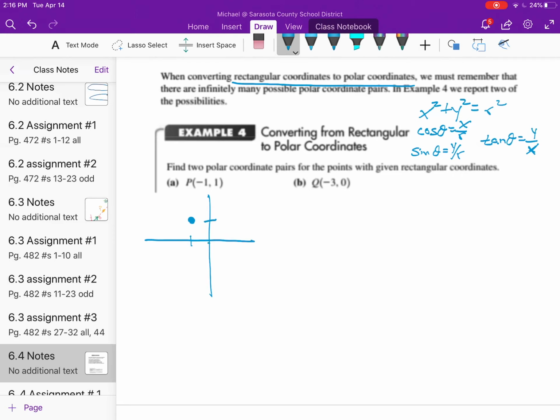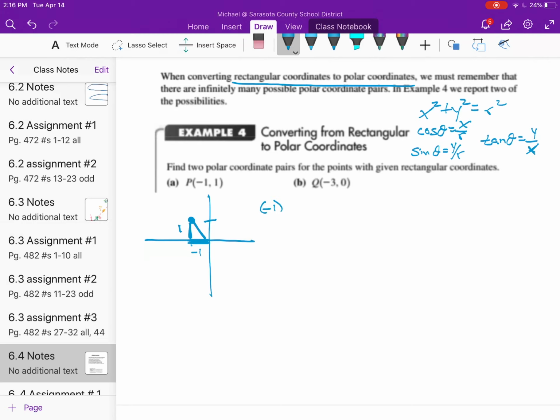We have -1 in the left direction and +1 in the vertical direction. Then we can always find the radius, which we're also going to call the modulus later on, or you can think of it as the hypotenuse of this reference triangle. We can find that first.